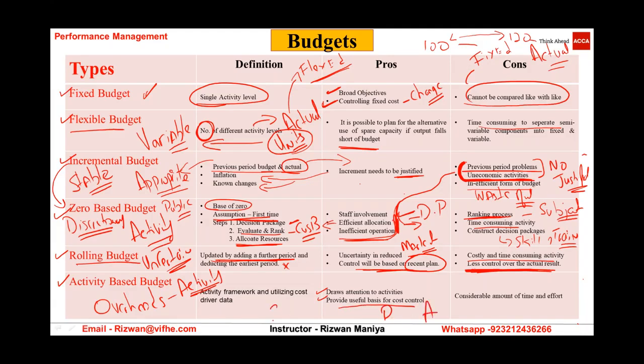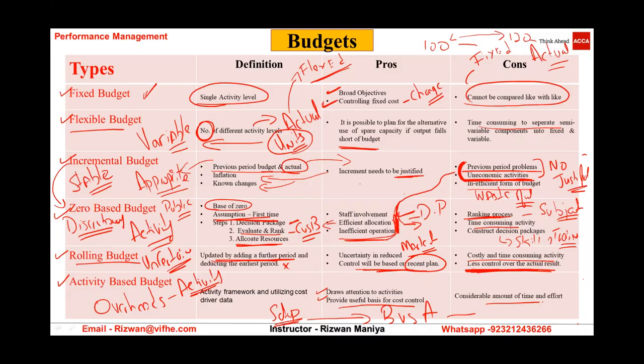For example, if you made a budget for setup, the setup budget will be compared with setup actual result, and this will help us to control the cost. But yes, it requires considerable amount of time and effort, and this is just because there are so many activities. For all those activities, if we make budgets, it does require a lot of time, effort, and is time consuming.